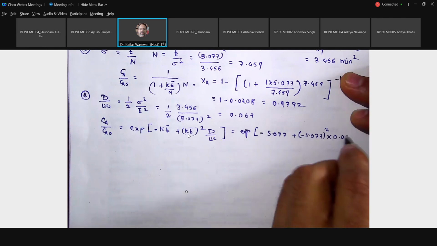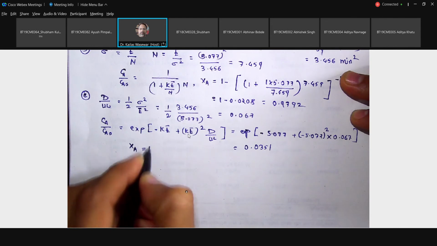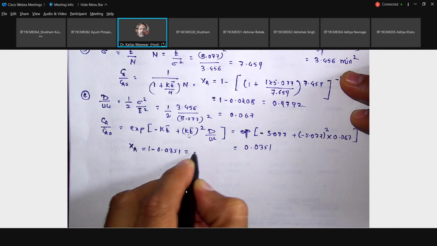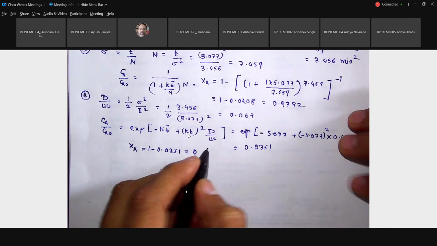Okay, so this will give you 0.0351. So Xa will be 1 minus 0.0351, and this is giving to be 0.9649. Okay.